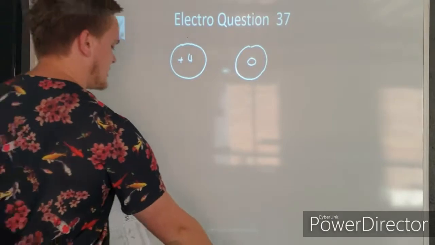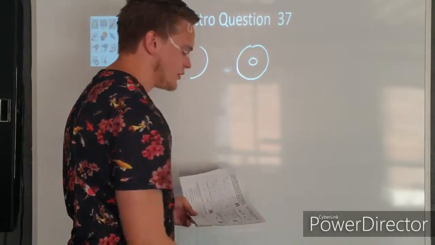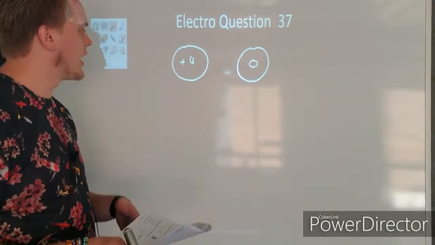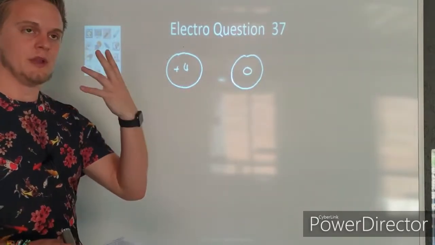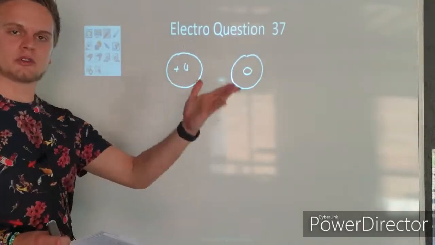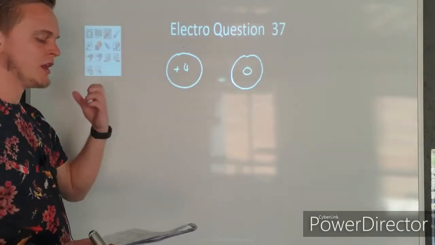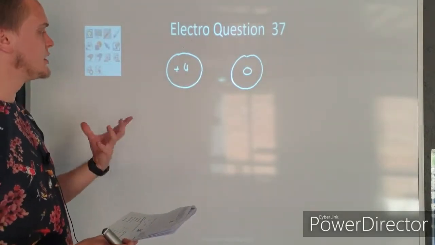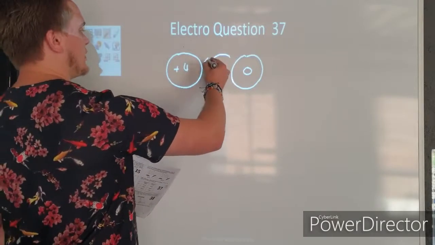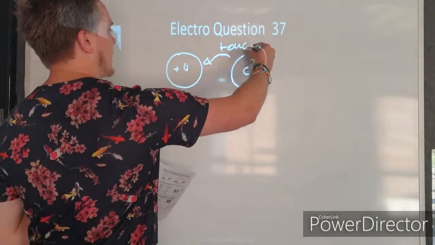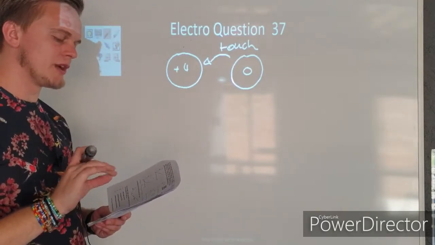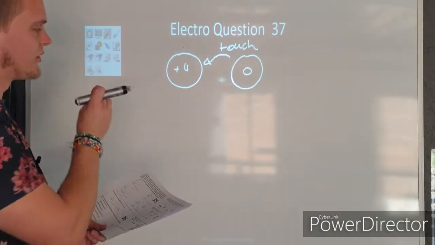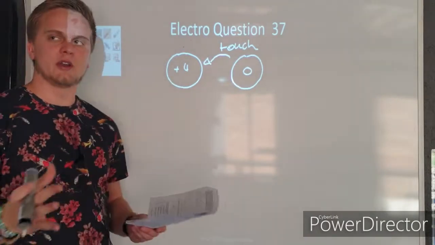Okay, question 37. They give you R and S, and R has a +4 and S has a 0, so it's neutral, meaning it has equal protons and electrons. Then they are brought into contact, so they touch, and they want to know what is the correct combination of R and S after they are no longer in contact.